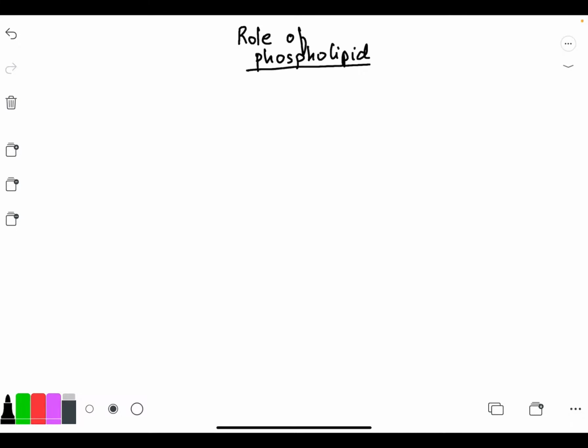Right, now coming to the role of phospholipids. So mainly three broad types of phospholipids are present, and I will do it in a table format, right? The first type of lipid that is present is known as saturated phospholipid.